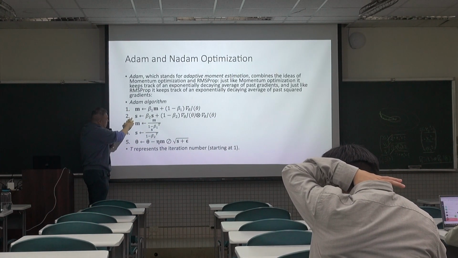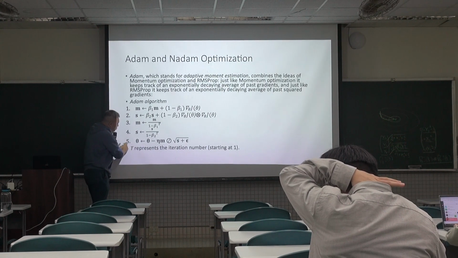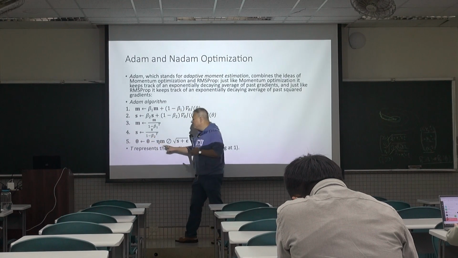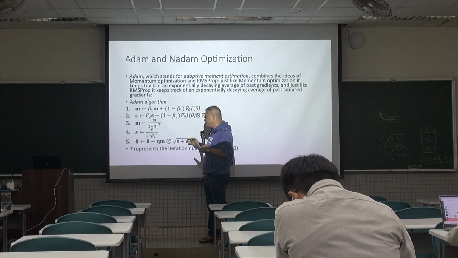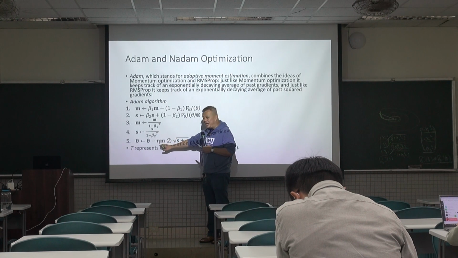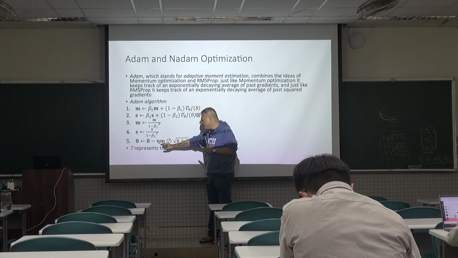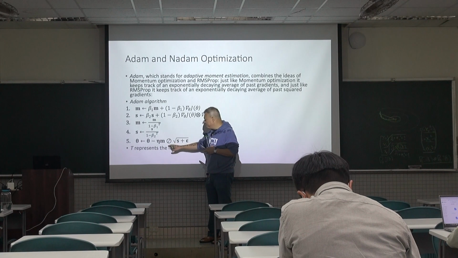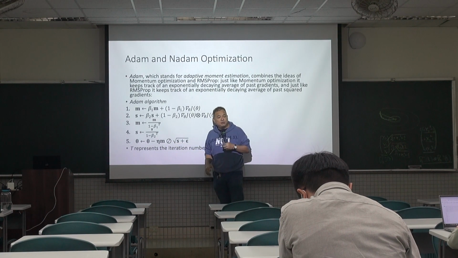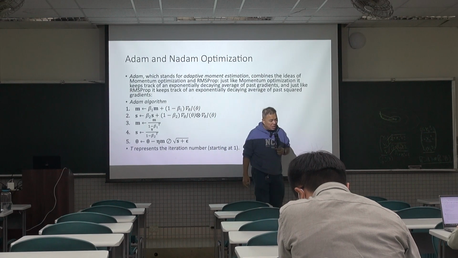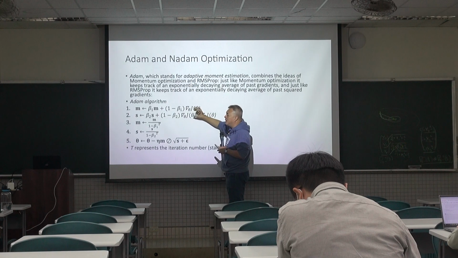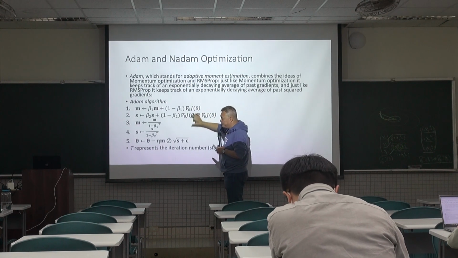The second line is RMS prop, and then we combine those two concepts here, because we have a momentum vector, but this momentum gets scaled down, just like RMS prop. So it's basically a combination of those two optimizations.